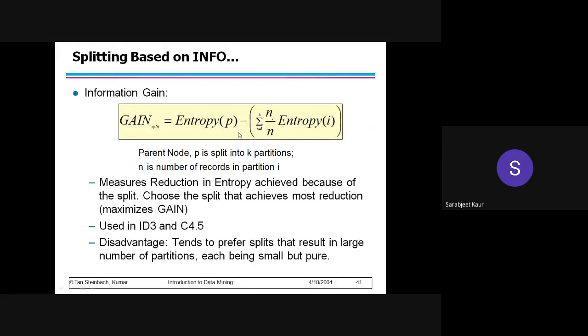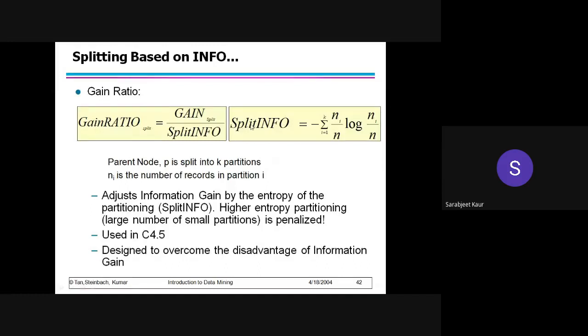That means the entropy of the parent minus the sum of entropy of all the children, divided by split info. Now what is this split info? Split info basically tends to penalize the higher number of partitions.